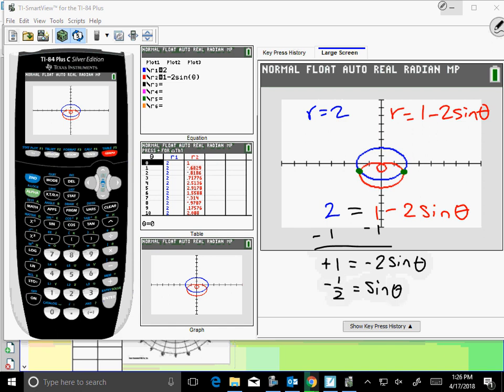So this point right here is theta equals 7 pi over 6. That point right there is theta equals 11 pi over 6. And look at that. Isn't that kind of cool? That triangle right there is a pi over 6 triangle. That's pretty sick. Draw a triangle if you don't know what you're doing.